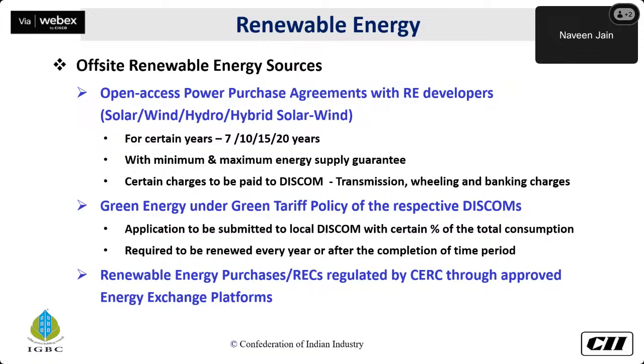So if you don't have access to open access PPAs, you can adopt this green energy and green tariff to showcase that your consumption comes through renewable energy. The third option is Renewable Energy Certificates, or RECs, which are regulated by CERC through an approved energy exchange platform. It is again one concept; someone who wants to know more about this, we can discuss separately, because it's a very technical thing.